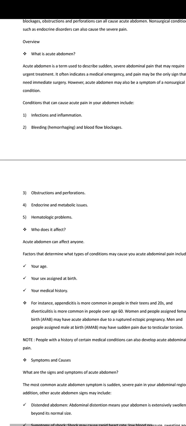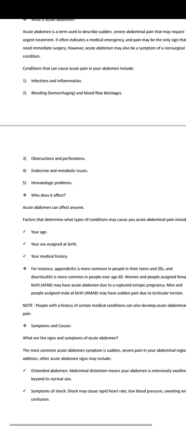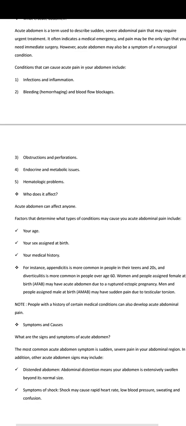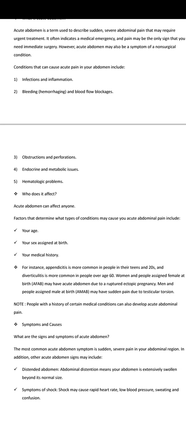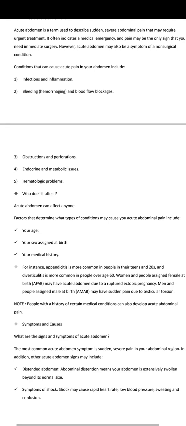So in cases where the patient has got acute abdomen and has come to the hospital, these things need to be looked at. You need to look at the age of the patient because there are certain conditions in the abdomen which are age related. You also need to look at the medical history of the patient, if they have suffered from a previous abdominal surgery or anything.